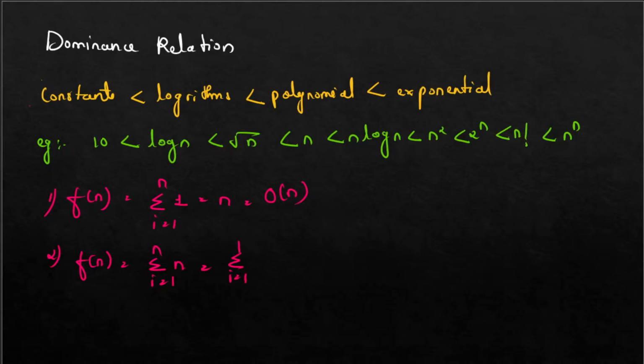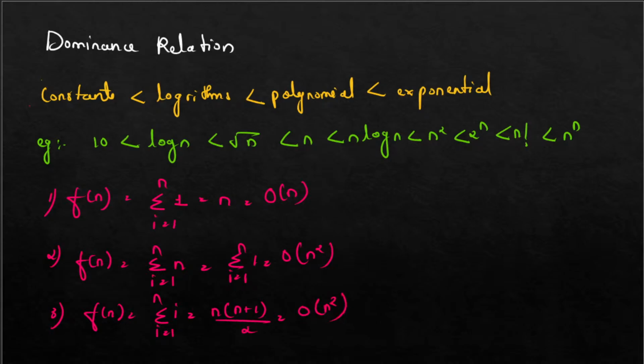This will be big O of n square. The third is f of n equals the sum of i for i equals 1 till n, which is n into n plus 1 by 2, and this is big O of n square.